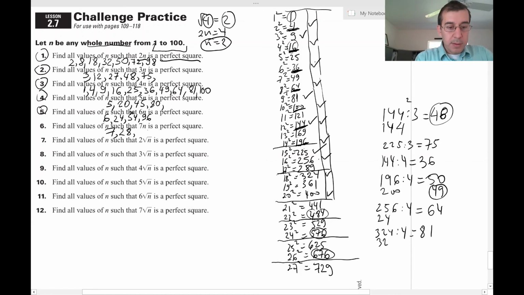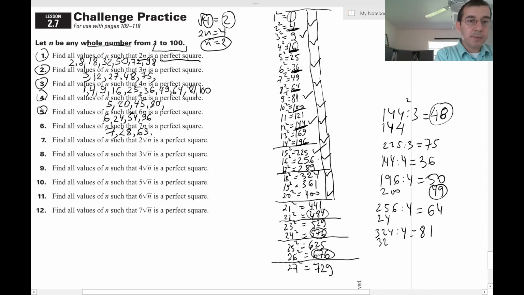225 divided by 7, no. 256, no. 289, no. 324, no. 361, no. 400, no. 441, yes. 63, so 63.